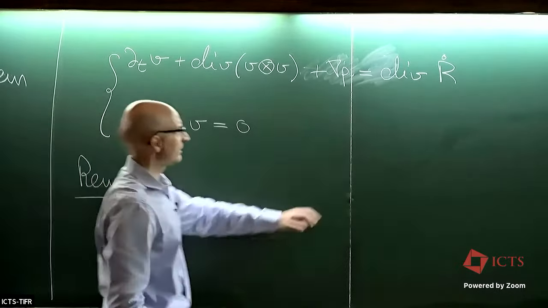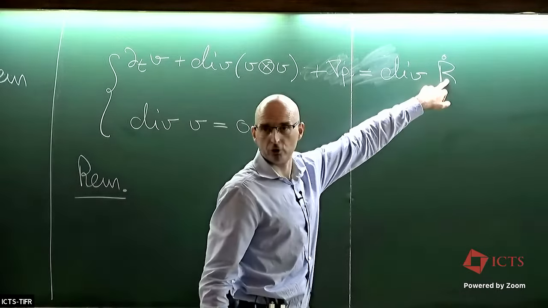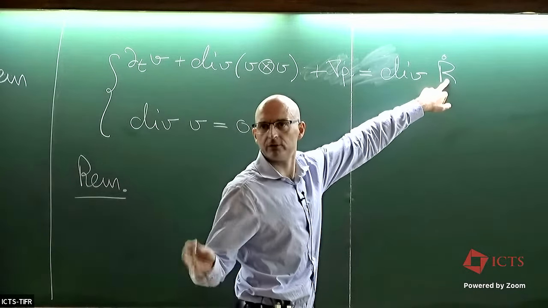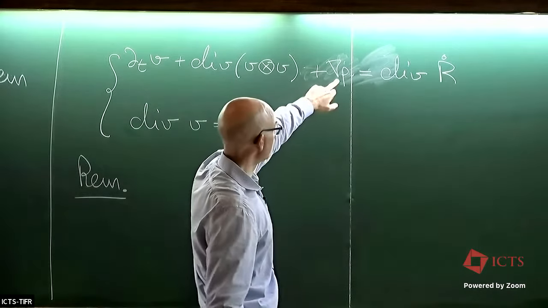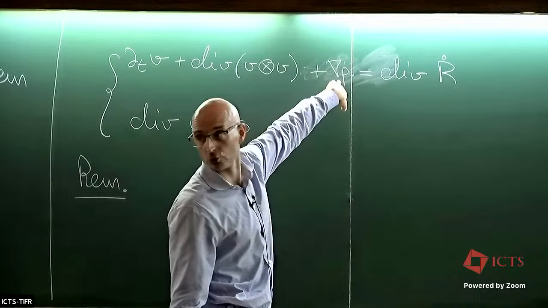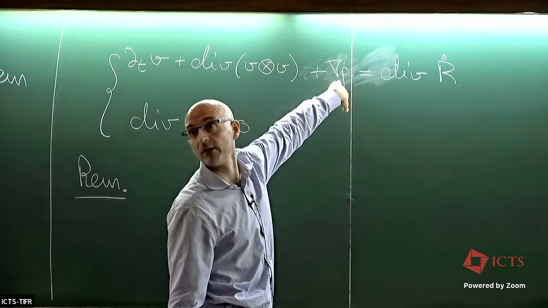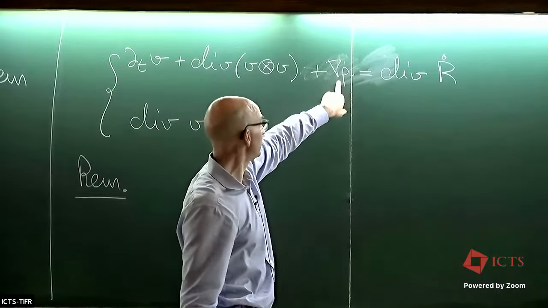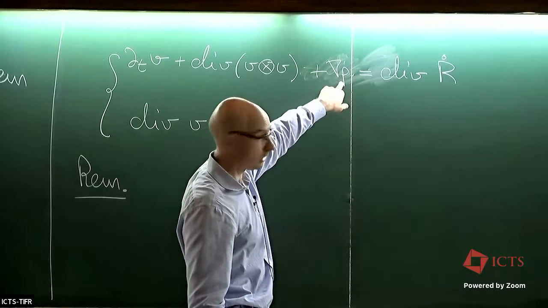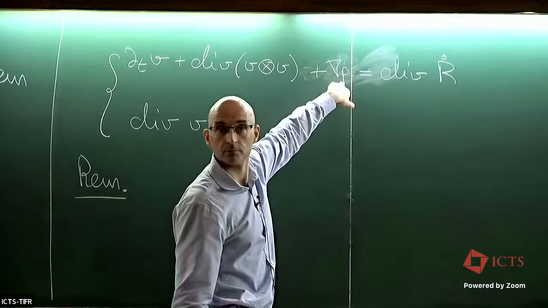I can make this tensor non-trace-free. I can add a function times the identity at the price of simply changing the pressure over here, because the divergence of something times the identity is exactly the gradient of that something.